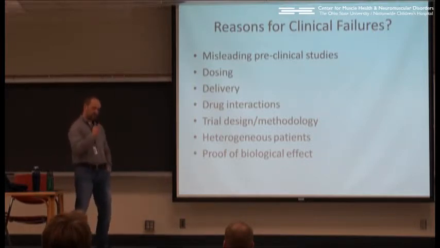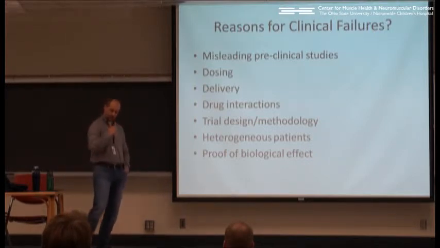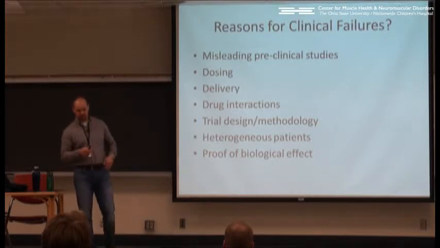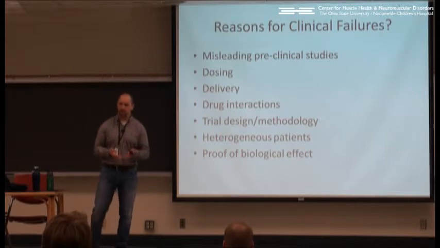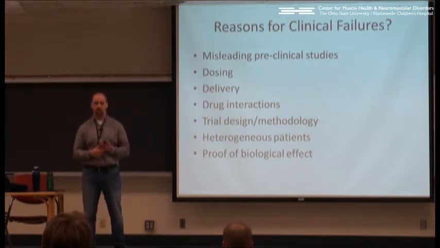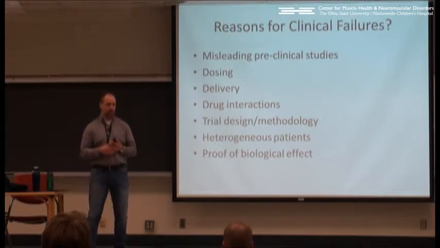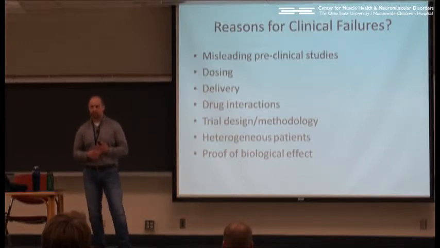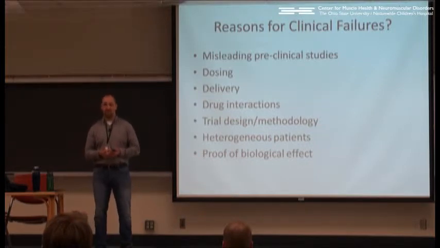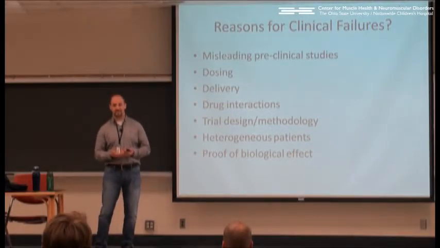Proof of biological effect. So ideally, you want to be able to measure that the drug or the biologic that you're giving is working. And not a lot of these, first of all, we don't necessarily know the mechanism of all of the things that we think we're giving them. And importantly, the site of action that we would measure is where? It's inside the CNS, right?